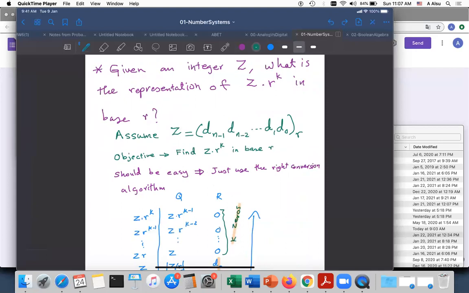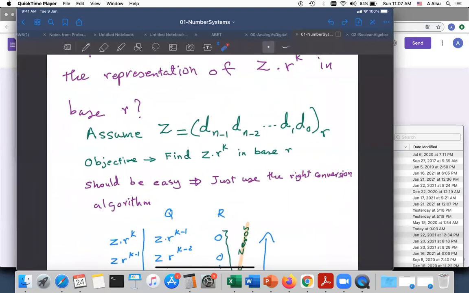So given a positive integer z, what is the representation of z multiplied by r to the k in base R?